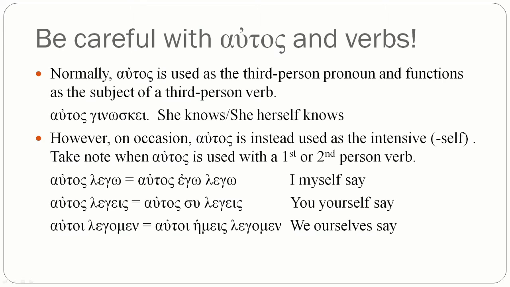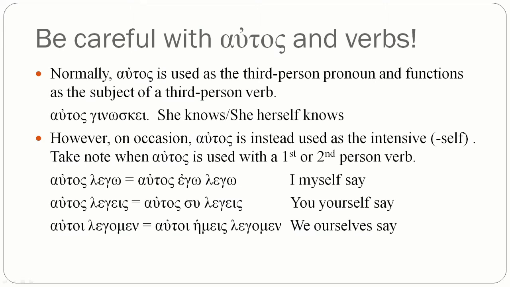Then the second example there, autos leges. Again, you have a problem here, right? Leges is second person singular, and autos is third person singular. But here, once again, autos is emphasizing or intensifying the pronoun you. So it's you yourself say.